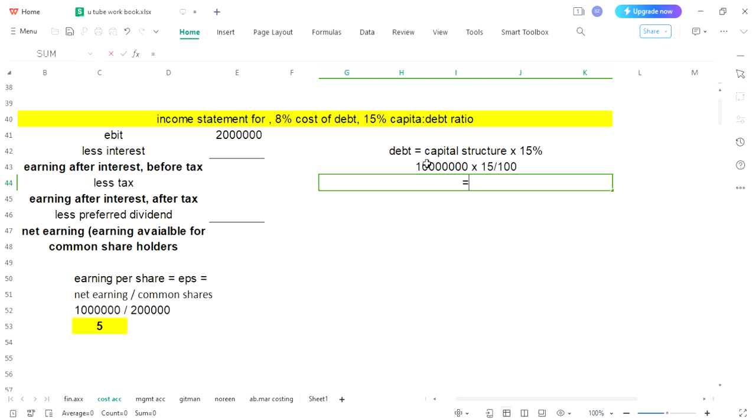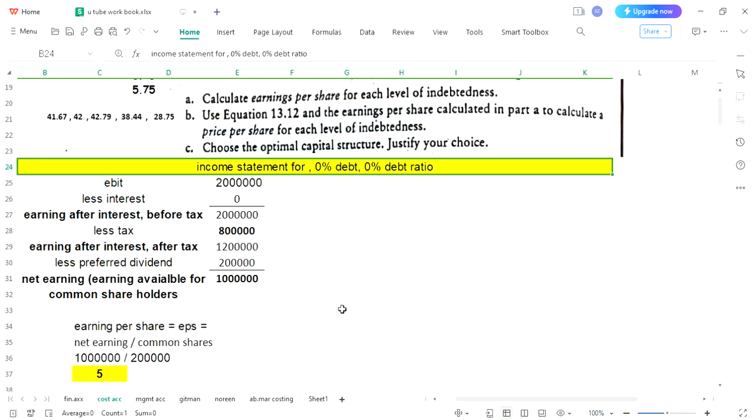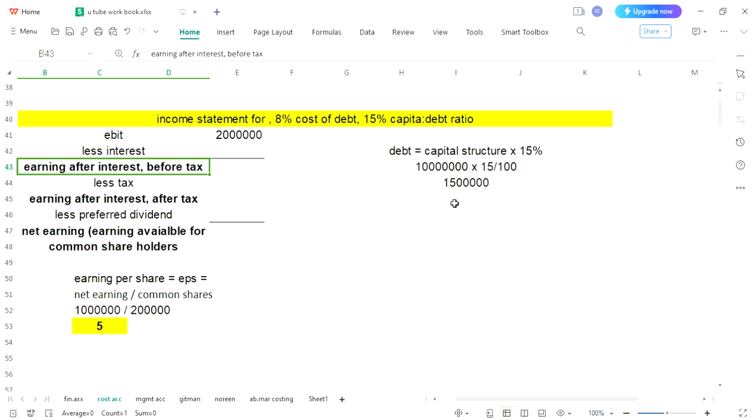Statement has been completed. So what you will do, 10 million is needed, multiply by 15 and divide by 100. So this is your debt, and now you will again apply the percentage of debt. Cost of debt is 8%. Cost of debt means interest.